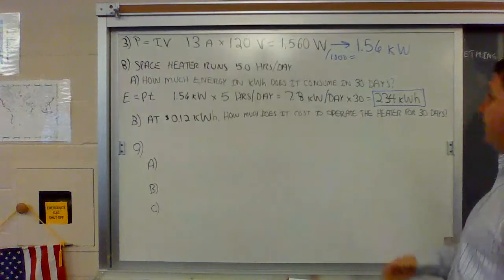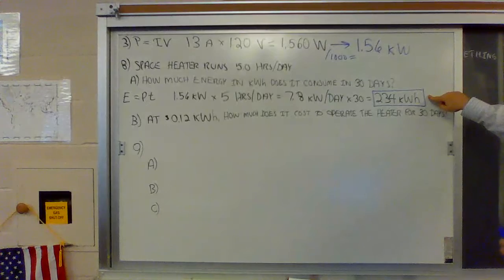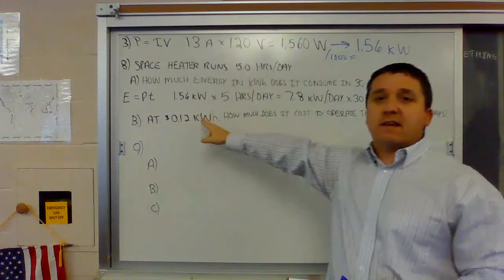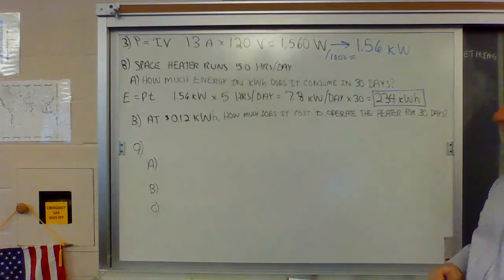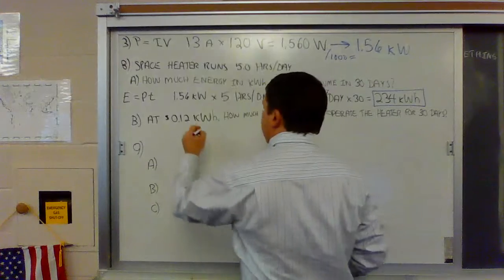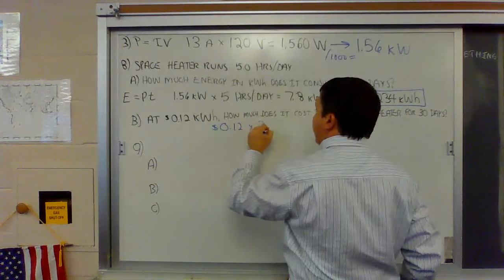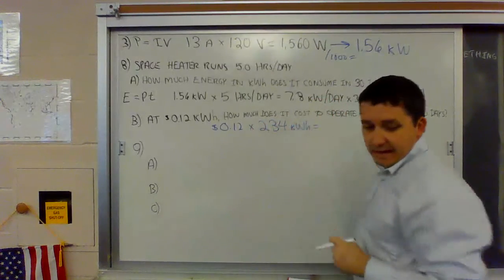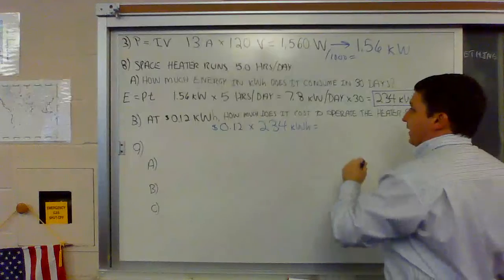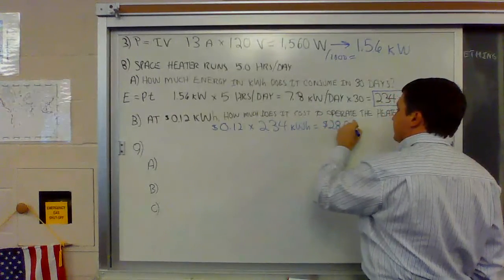Now, for part B, we're going to take this answer, because this is the amount of energy it's using in a month. We want to know, at 12 cents a kilowatt hour, how much does it cost to operate the heater for 30 days? So we are going to take 0.12, in other words 12 cents, and multiply that by 234 kilowatt hours, and we are going to come out with a dollar amount of $28.08.